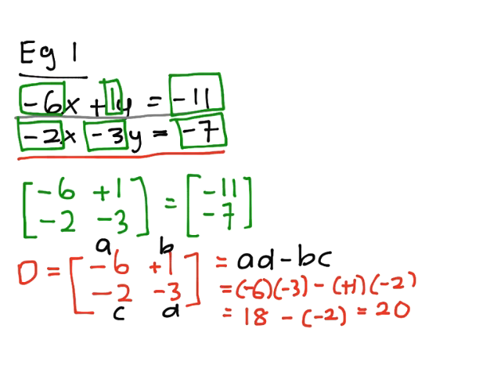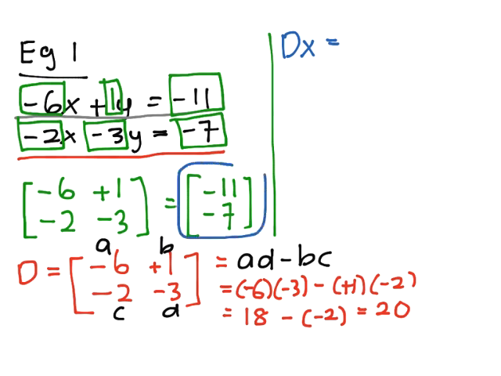Okay, so that is for the D value. Now, the second value that we need to come up with is dx. When we want to do dx, we take the second matrix and substitute it into the x column, which is the first column, the column of x values.